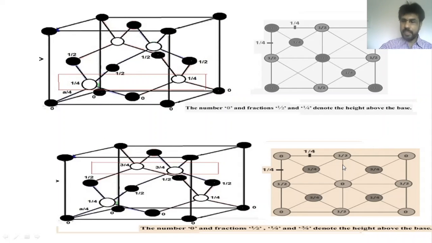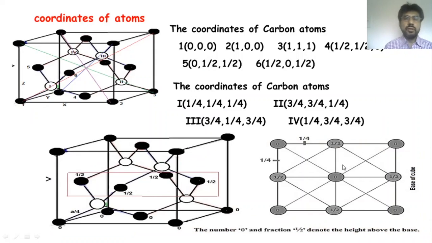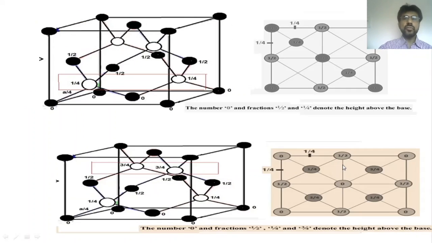So remember, in case of the carbon structure, how to write the coordinates of the atoms which are present at the 8 corners and the center of the 6 faces of the unit cell, and the 4 atoms which are present on the body diagonal of the unit cell. So in this way, remember about the carbon type of the structure: the first thing is how the structure gets formed.